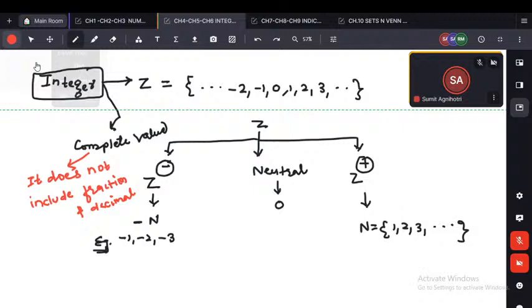The answer is rational number includes fraction, because rational numbers include all those numbers that can be written as p over q.